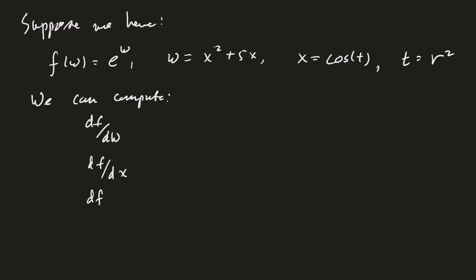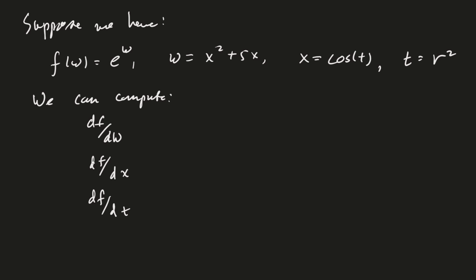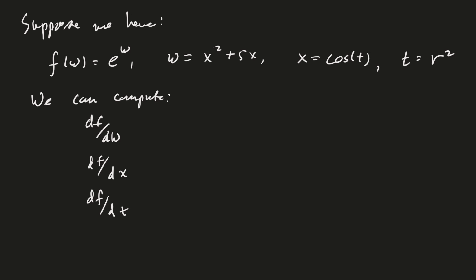We could compute the rate of change of f with respect to t, and that's because f is a function of w, but w is a function of x. W is a function of x, and then x is a function of t. Okay, that's probably enough there.